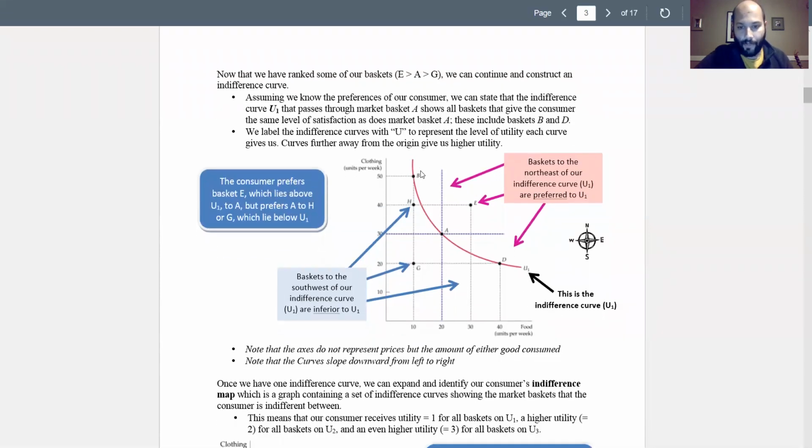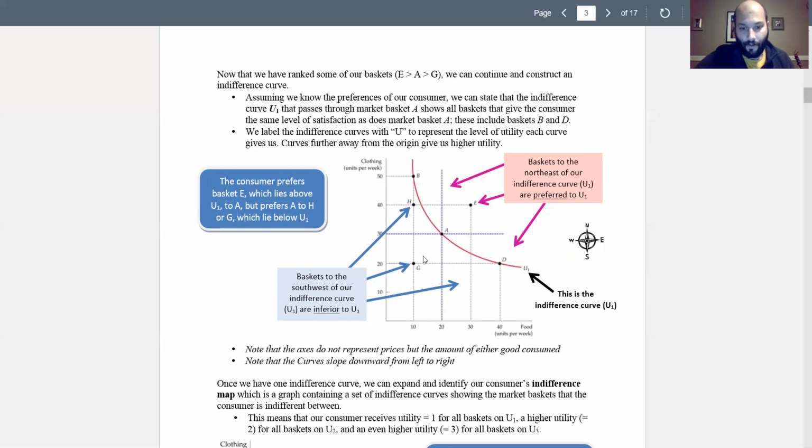All of the points that are northeast, in this direction, are preferred to the indifference curve U1. So we can see clearly that if there was another indifference curve going through this point E, that's going to be preferred to U1. But even points up over here, which are just slightly northeast of U1, are also preferred.